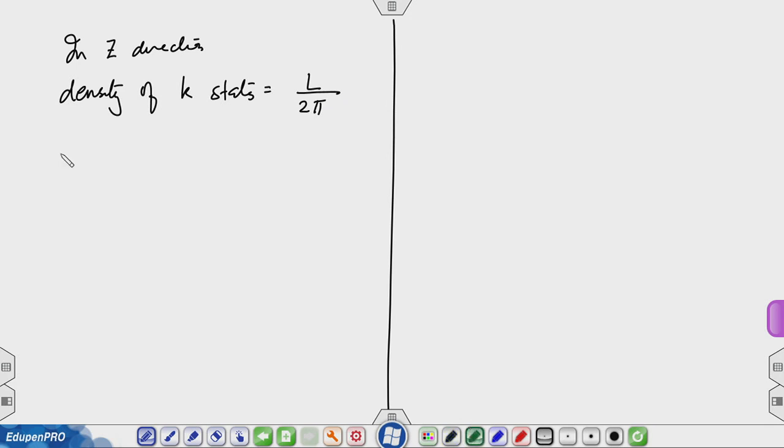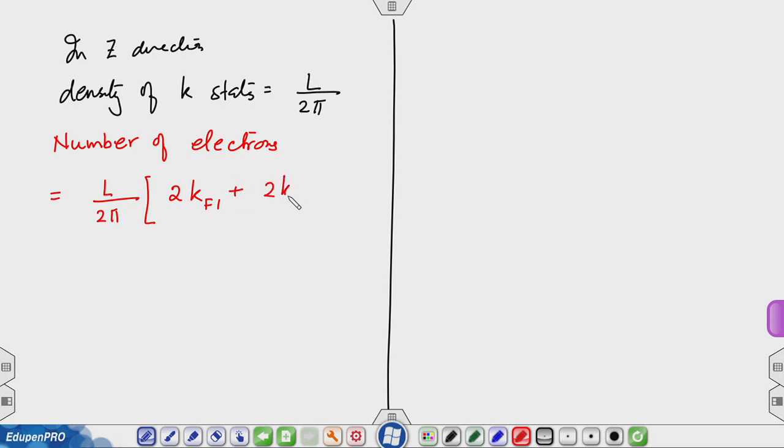So, the number of electrons until n x equals 2 and n y equals 2 is getting filled is going to be equal to L over 2 pi times inside, I am filling 2 times k f 1 plus 2 times k f 2 times 2, because there are 2 levels, degeneracy is 2, and times 2 for spin.